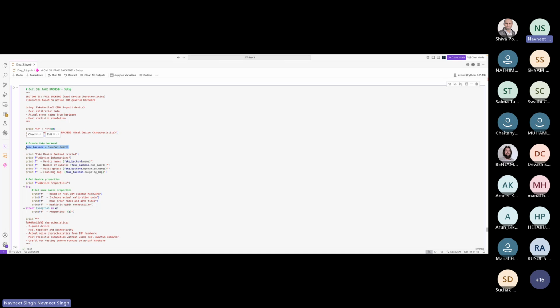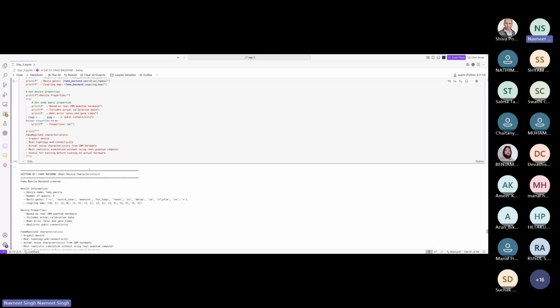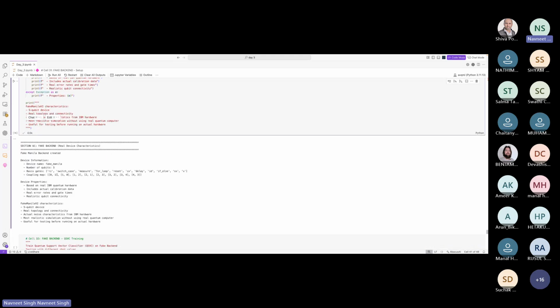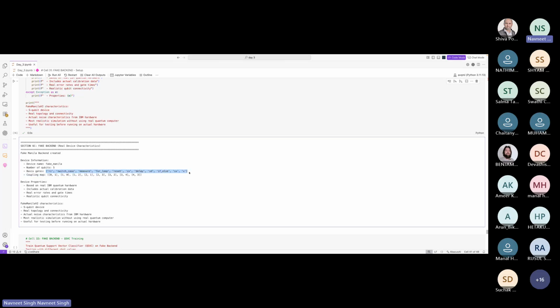And the calibration data also, which means different types of gate errors and how much the coherence time is, everything. It behaves that way, and for example, the basic gates it supports are these only.